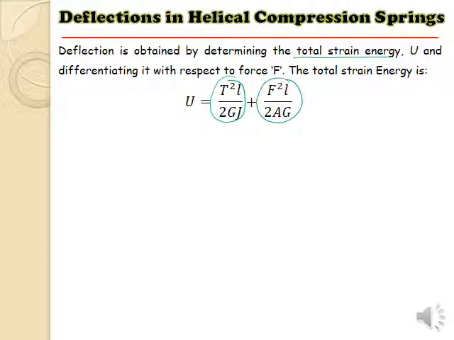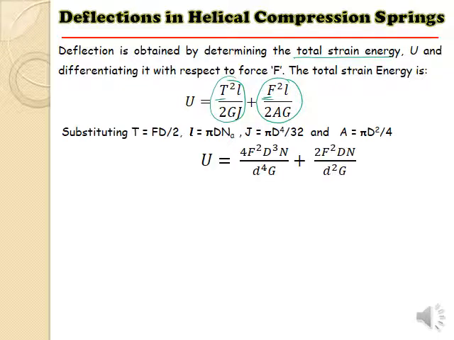So this is because of this shear force, and this is because of the torque. Now we can substitute. We already know the torque is this, the length is this one, the J is this, and A is this. We substitute all of these, and that becomes the equation for U.